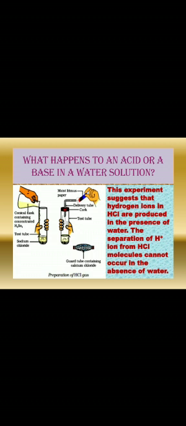Now, we will test this gas with dry and wet blue litmus paper. There would be no change in dry litmus paper, while wet blue litmus paper turns red. This experiment suggests that hydrogen ions in HCl are produced in the presence of water. The separation of H+ ion from HCl molecules cannot occur in the absence of water.